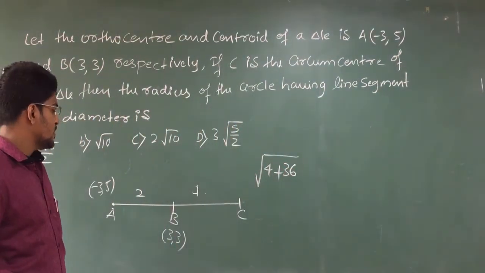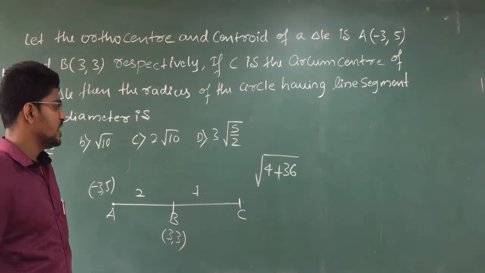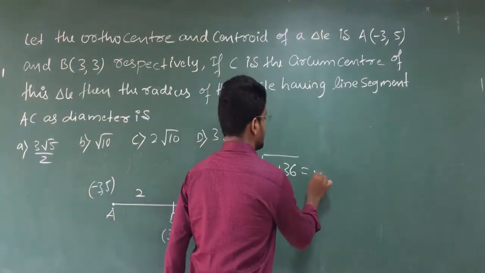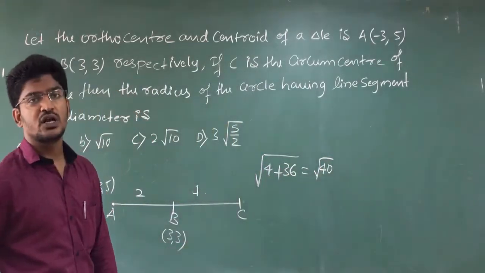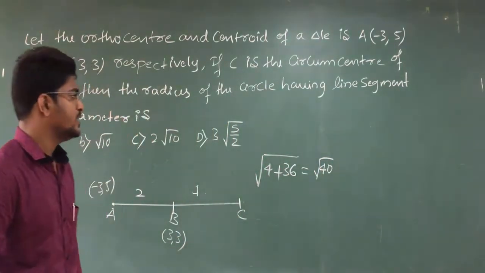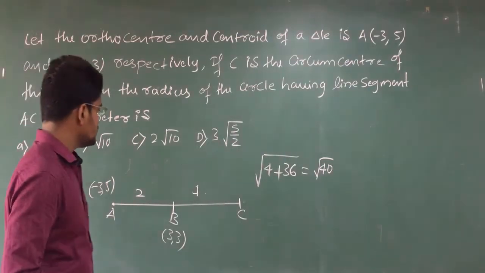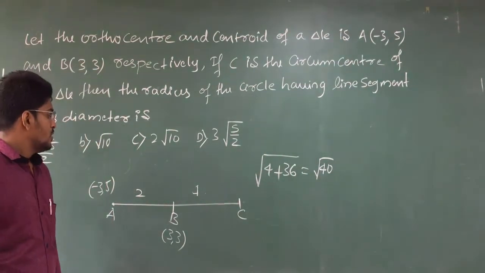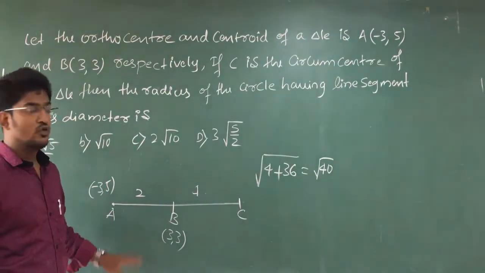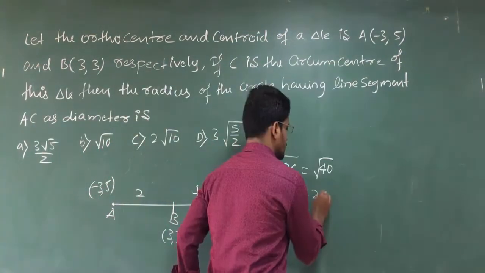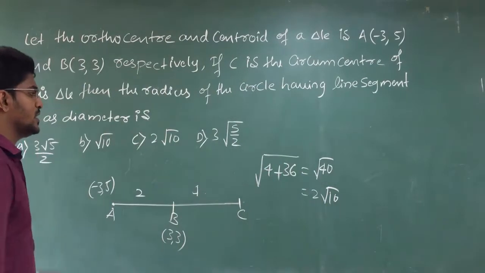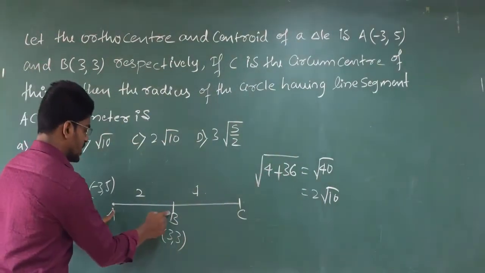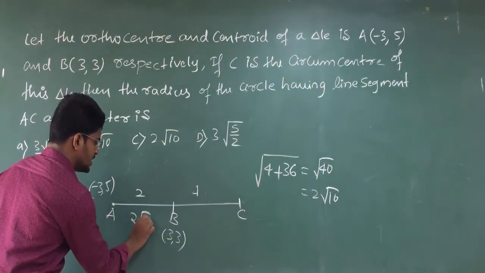So (x2 minus x1) whole square plus (y2 minus y1) whole square is 40. This is nothing but root 40. So how can you write root 40? 4 into 10. Root 40 you can write as 2 root 10. So the length of AB is 2 root 10.